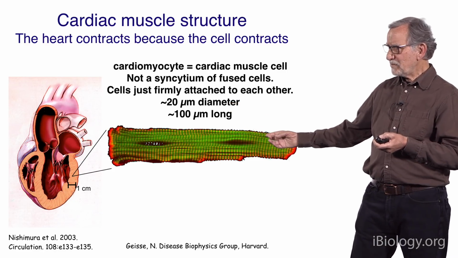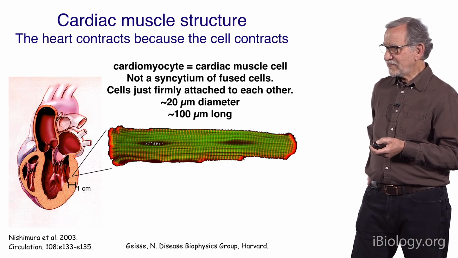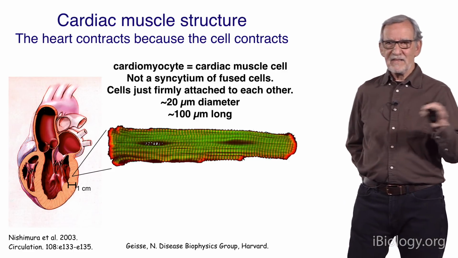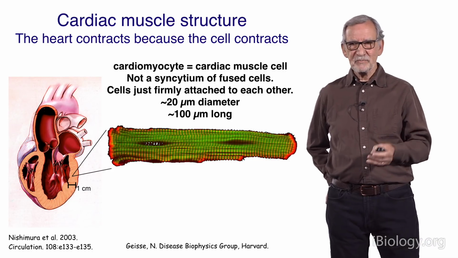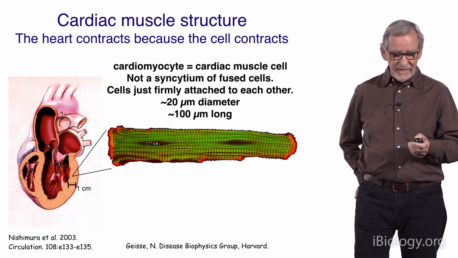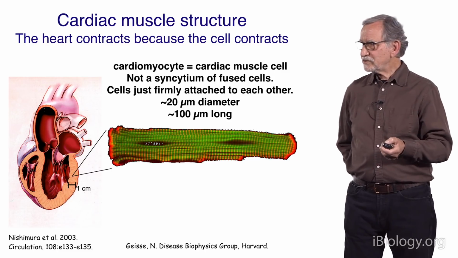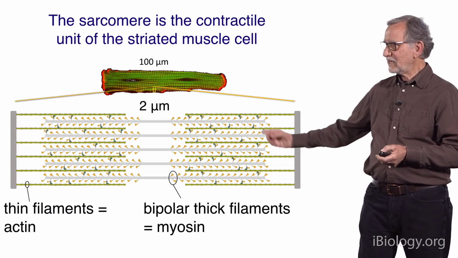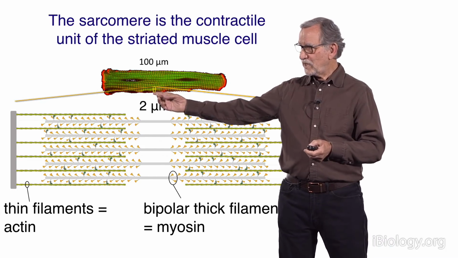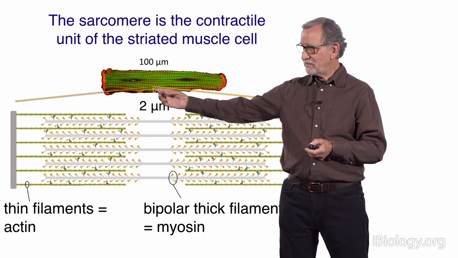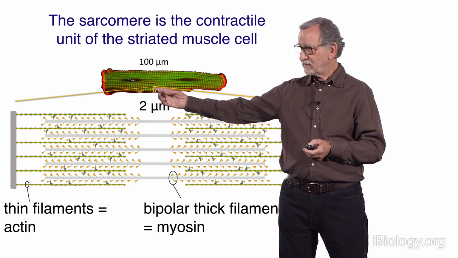But in both cases, you can see that the cardiac cell and the skeletal muscle cell have striations. And both of these muscles are therefore called striated muscle. So what are those striations all about? Well, here's just one segment of the myofibril within the cell.